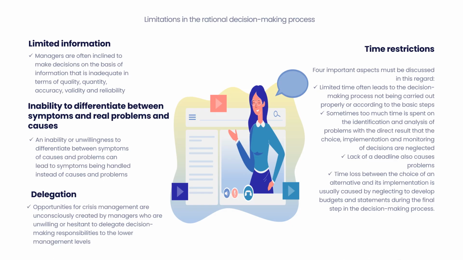Sometimes too much time is spent on the identification and analysis of problems, with the direct result that the choice, implementation, and monitoring of the decision are neglected. Lack of deadlines also causes problems. Time loss between the choice of an alternative and its implementation is usually caused by neglecting to develop a budget and statement during the final step in the decision-making process.